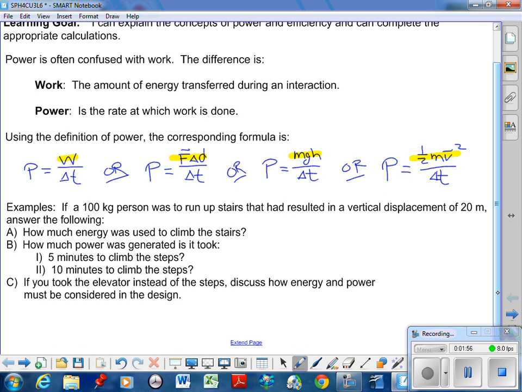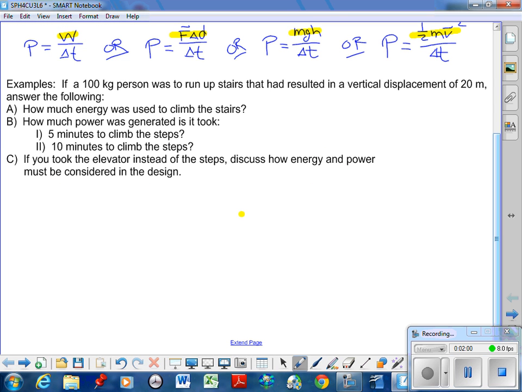So I have an example for you here. If a 100 kilogram person was to run up the stairs that had resulted in a vertical displacement of 20 meters, so that means that you ran up steps and it lifted you 20 meters above the ground, how much energy was used to climb the stairs? So here's my example right here. To move someone up the stairs, so they went upstairs, and it was 20 meters high.